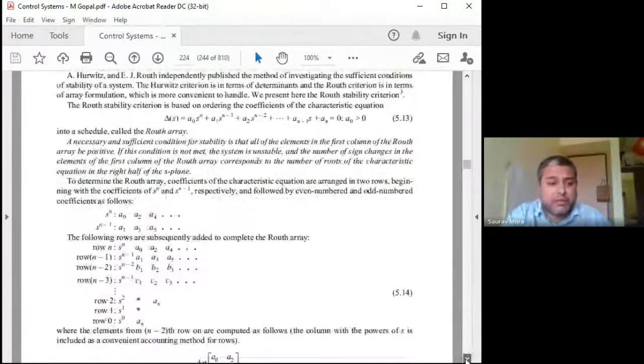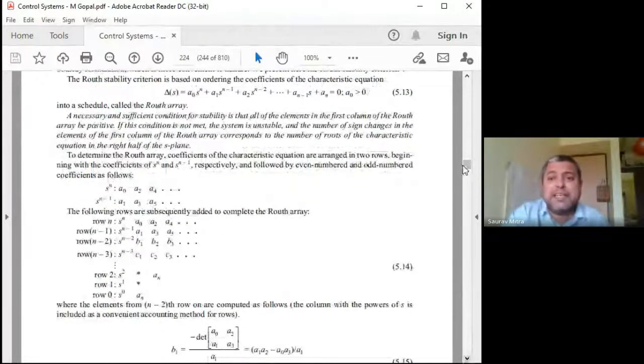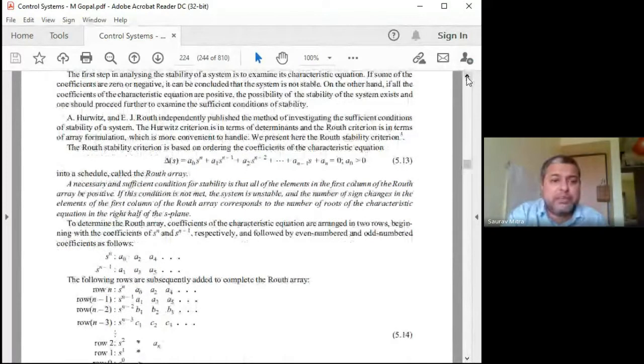What is given is a determinant. Whenever you are doing all this delta and those things, you will find that it is in matrix form. You still don't know what matrix form is. We will find that in the fifth chapter, whenever we do state space analysis. At that time, you will find that the characteristic equation is found from the determinant of the A matrix.